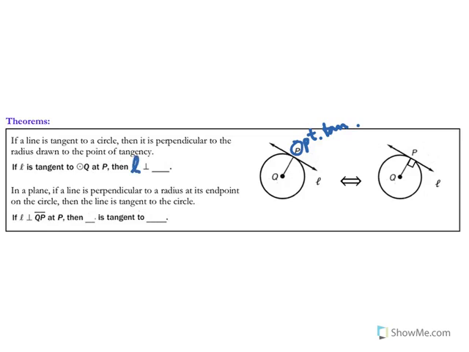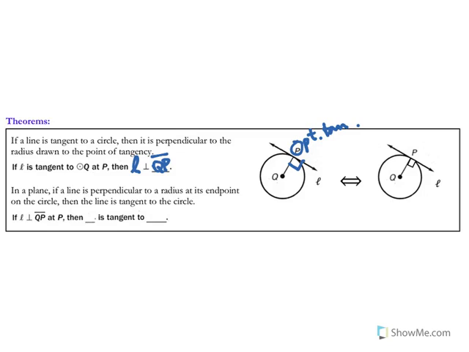Line L and segment QP. Ooh, I did not write Q or P. There we go. Segment QP. So the radius QP and line L are perpendicular. So I'm going to draw a little perpendicular sign.